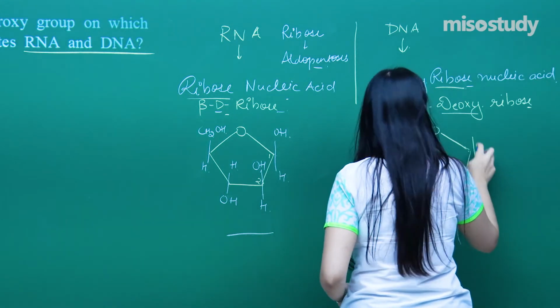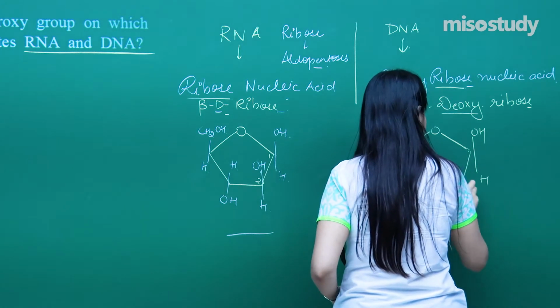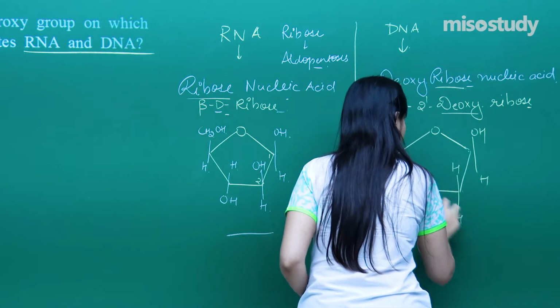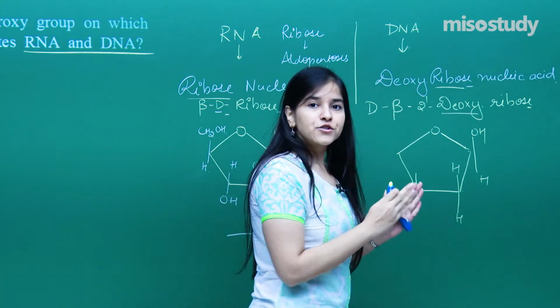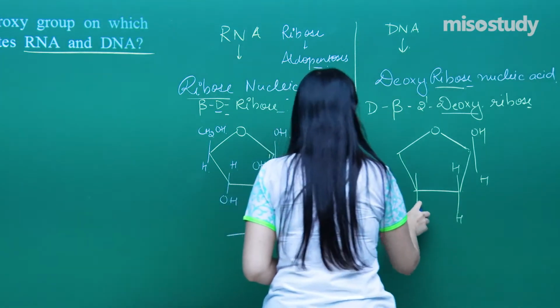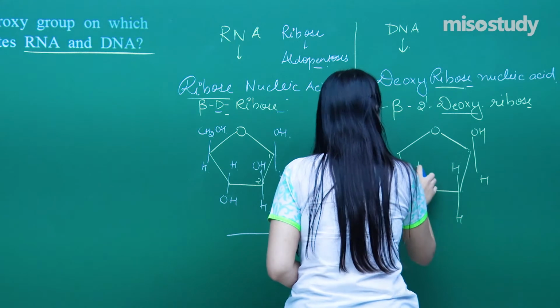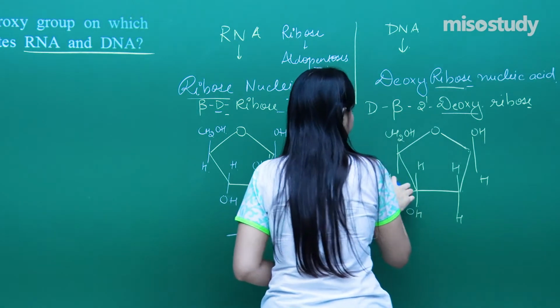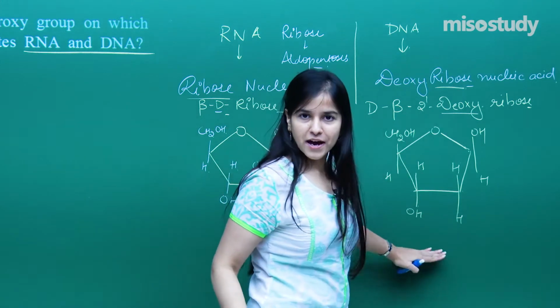The remaining structure would be the same, but here instead of OH, it would be H. So that is what the sugar is included in the DNA. So let us just make the remaining ones. So that is what we need to have over here.